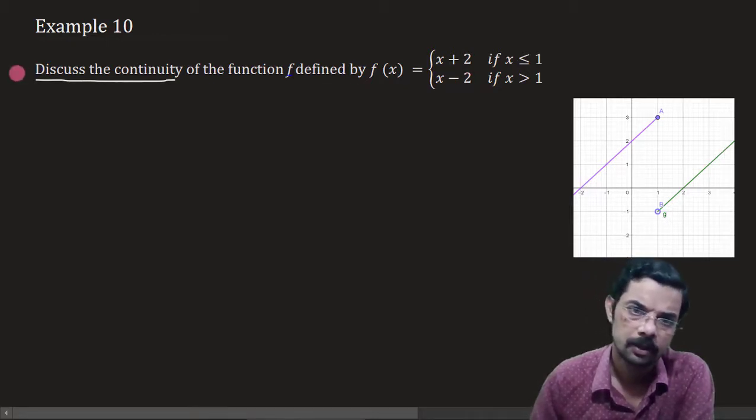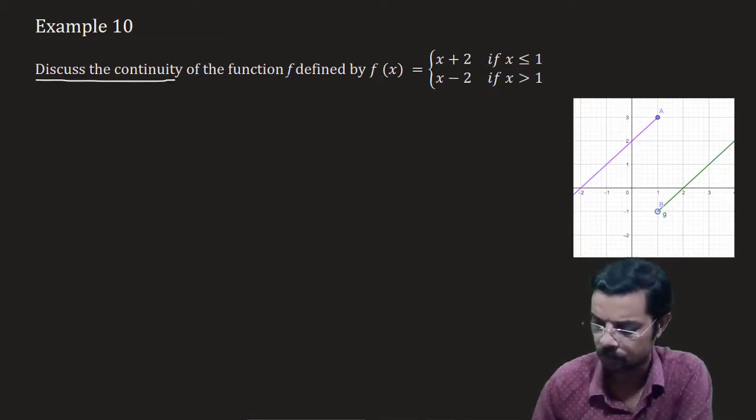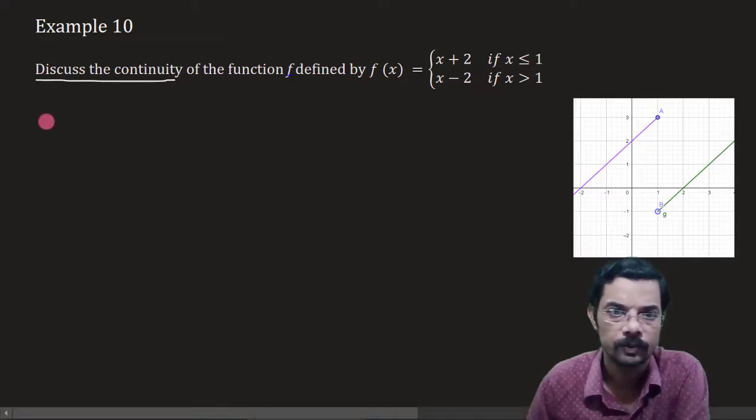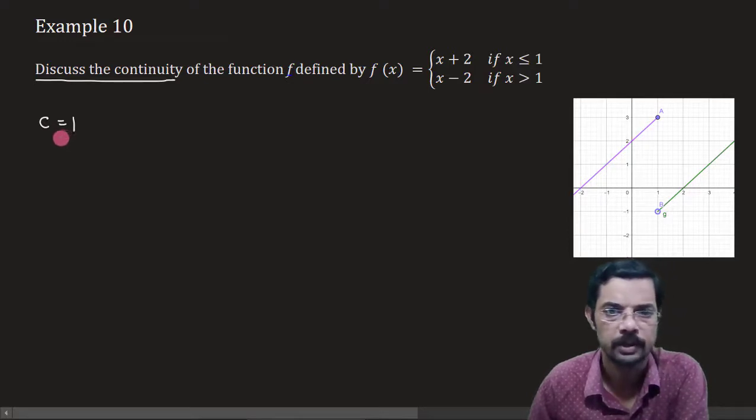But this function f of x is breaking at x equal to 1. So let us check the continuity at x equal to 1. First of all, we will take c equal to 1. Now we will check the continuity at point c.